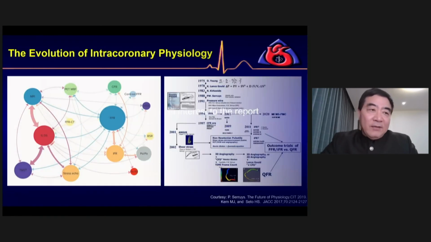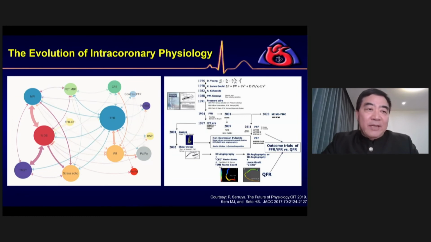Coronary physiology parameters have been widely introduced for evaluating the presence of ischemia instead of traditional QCA. I think more than 20, 30 years ago, when I learned my PCI, I may have depended on QCA.